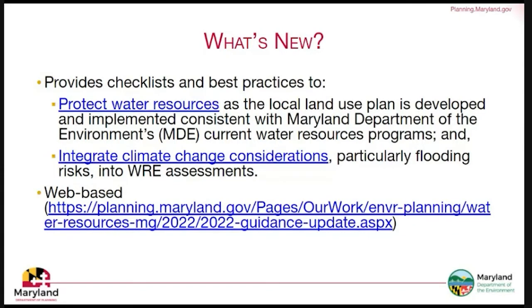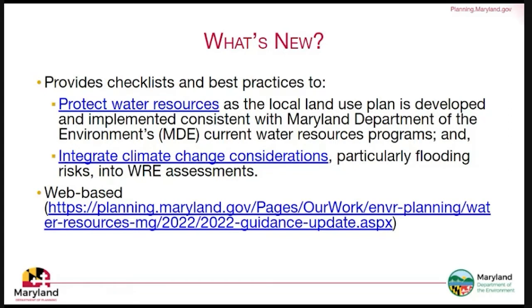One is something that the previous water resource element guidance did focus on, but we are expanding and updating that content. This is related to protecting water resources as the local land use plan is developed and as it's built out over time, to ensure that it's consistent with MDE's current water resources programs.